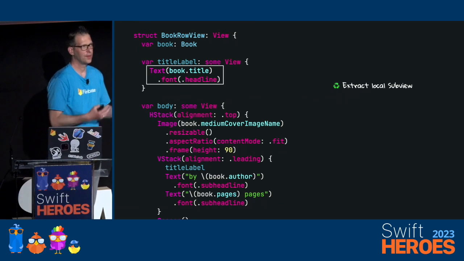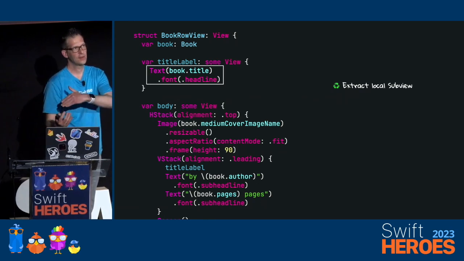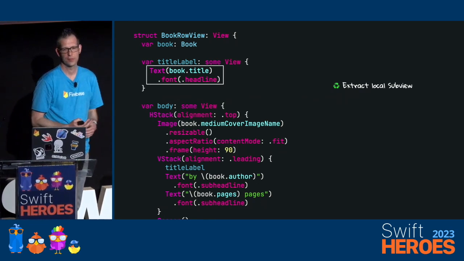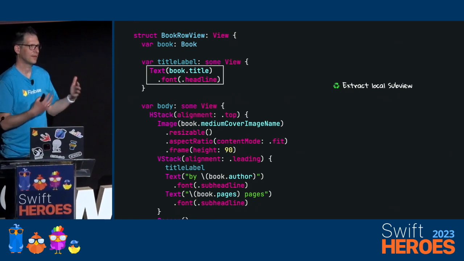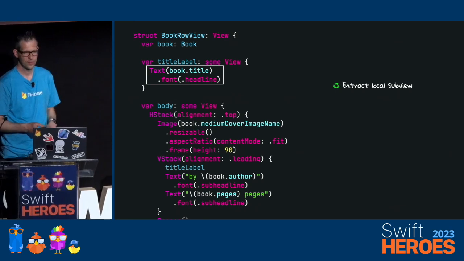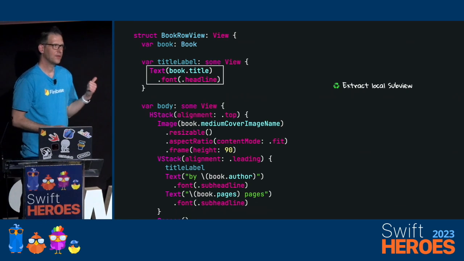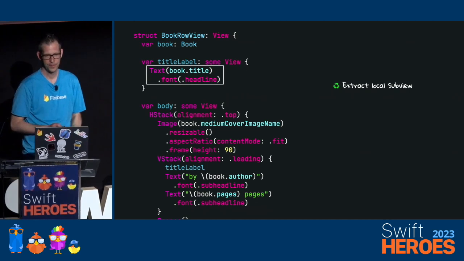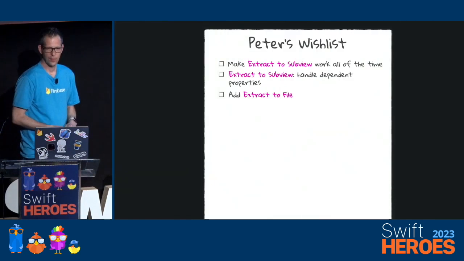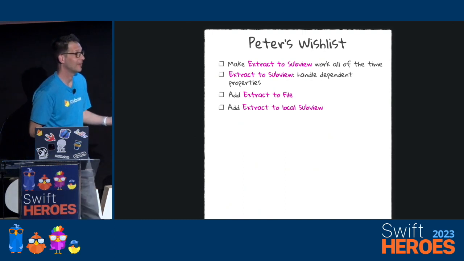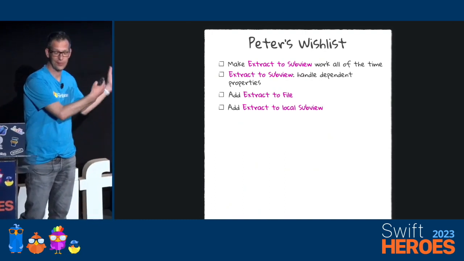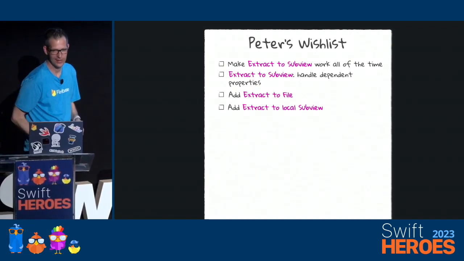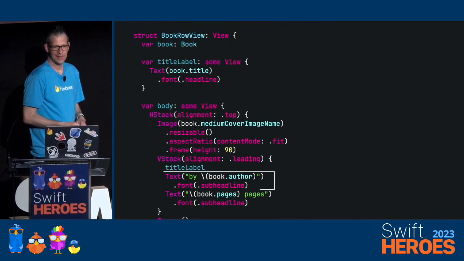And I can do that because I access the book property from within, so it's in the same scope, so that works. And then down there in the VStack, I can just replace the entire thing with a call to titleLabel. And I did that manually, so there is no refactoring for that. So here's another wish list item. Cool.